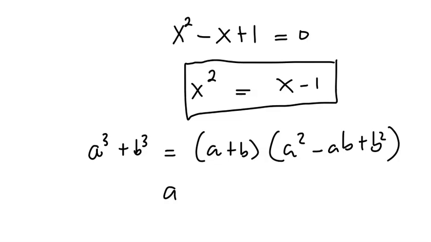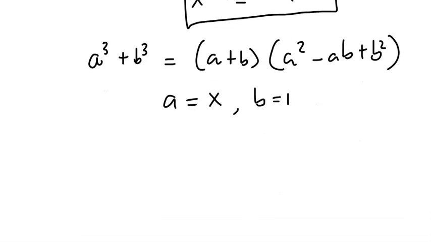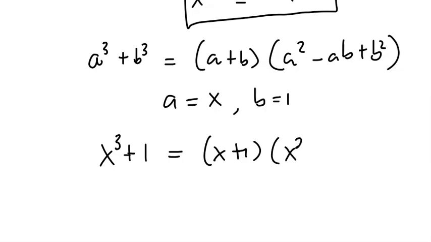Now let us let a equal x and let b equal 1. Let's see the kind of equation we can derive from here. So we're going to have at the left hand side x cubed plus 1 cubed, which is 1, right? So this is going to be equal to x plus 1 multiplied by x squared minus x plus 1.